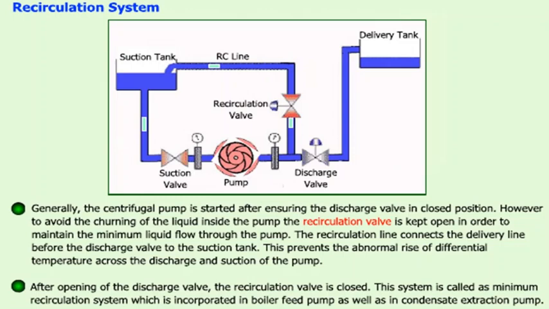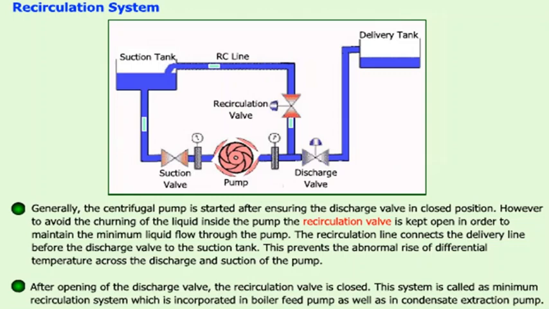And gradually, when the discharge valve is getting open, we gradually close the recirculation valve, and that way we regulate it. Minimum recirculation systems are incorporated in boiler feed pumps as well as in CEP. These are necessary for startup and priming, otherwise we cannot run the system.